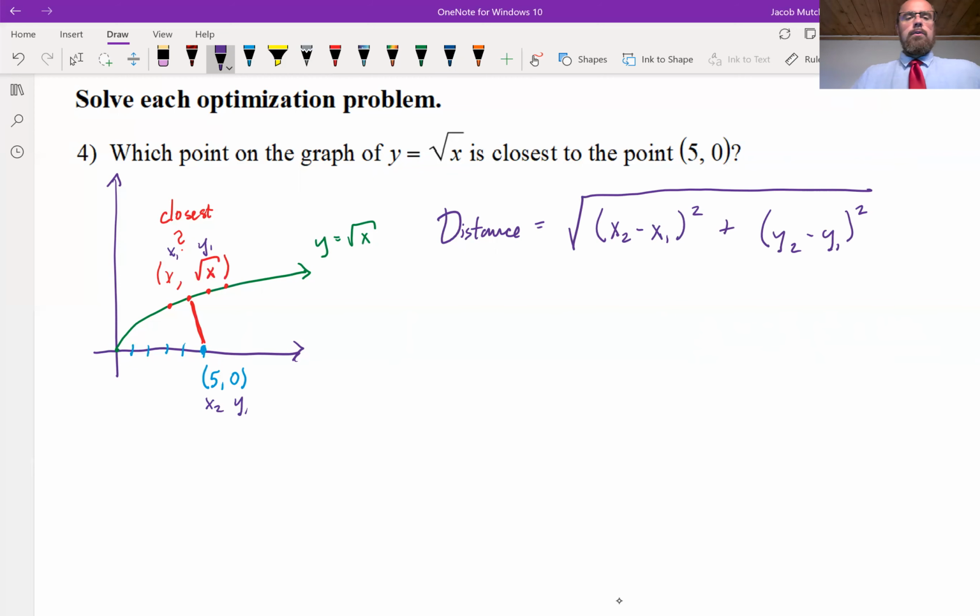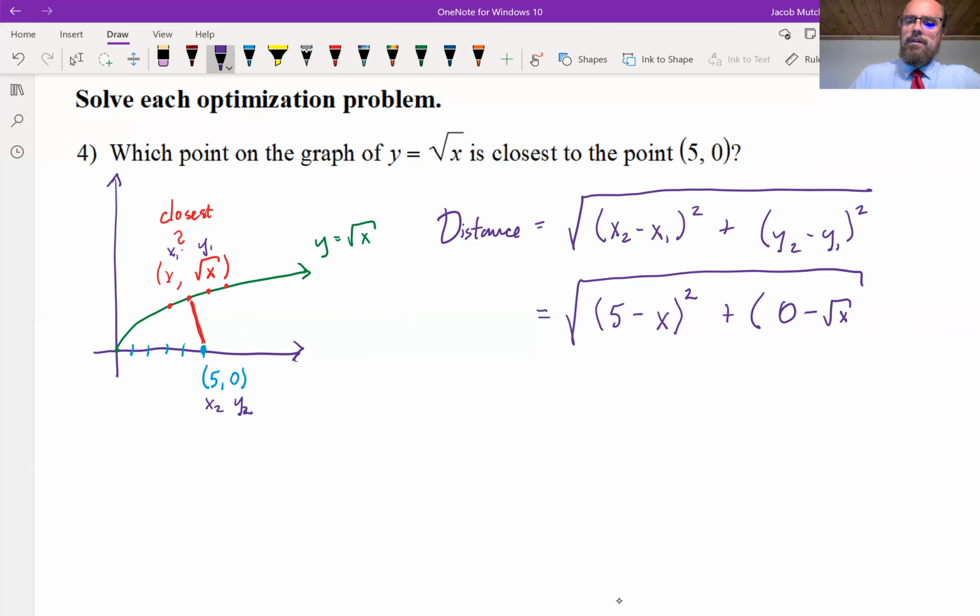So all we have to do is plug in what we've got here in blue and red. So our distance is going to be the square root of 5 minus x, that's x2 minus x1, 5 minus x squared, plus, and I should have labeled this y2, 0 minus square root of x squared.